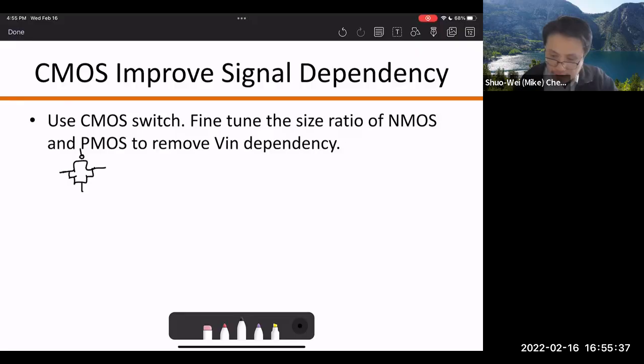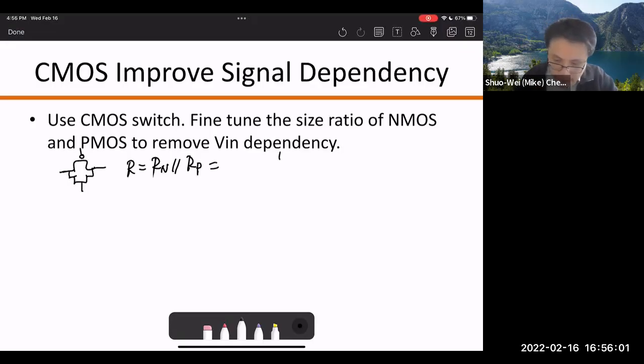So instead of using a single MOS switch for the sampling circuits, you can use a pair, NMOS and PMOS, in parallel. So in this case, this R is going to be the on resistance of the NMOS in parallel with the on resistance of the PMOS.